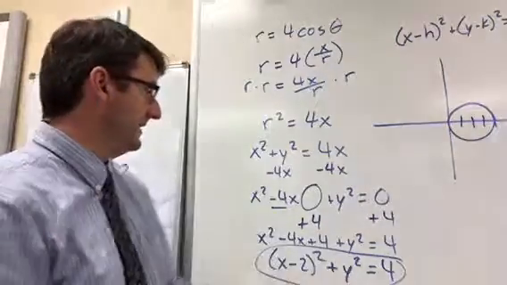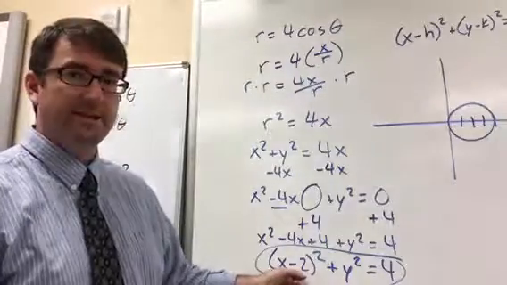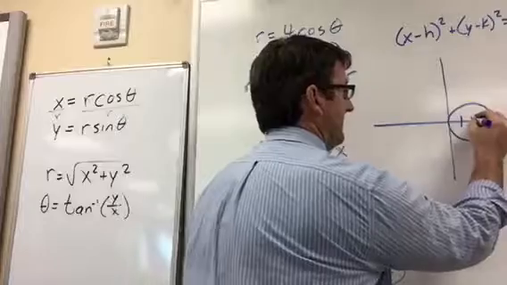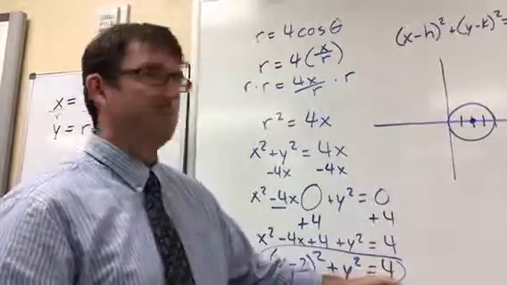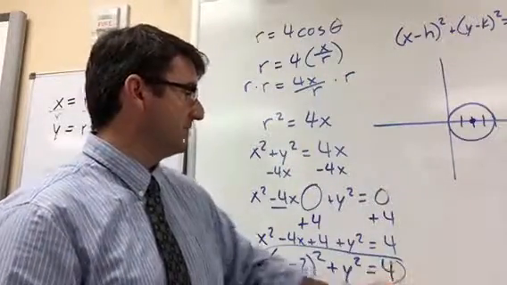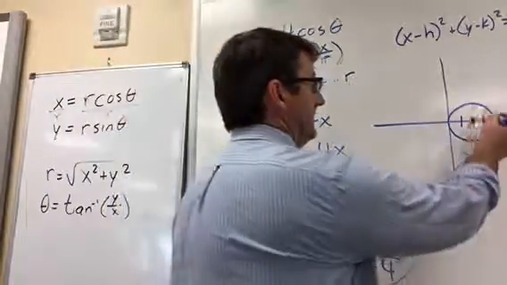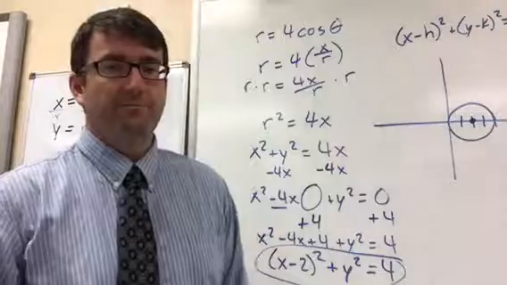If we graphed it using this, we could see that the center is going to be at 2, 0. So that's right there. And it's going to have a radius of 2. So this is r squared, so the r would be 2. And you can see that's going to give you the same circle.